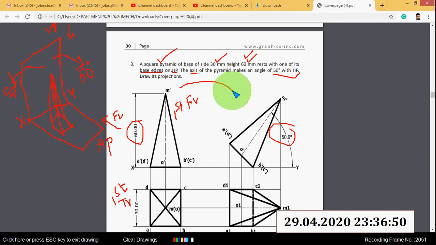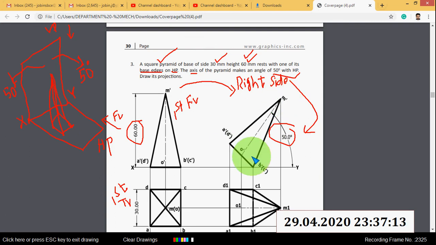Then you have to tilt this object to the right side. Here I am tilting this object to the right side through an angle of 50 degrees.